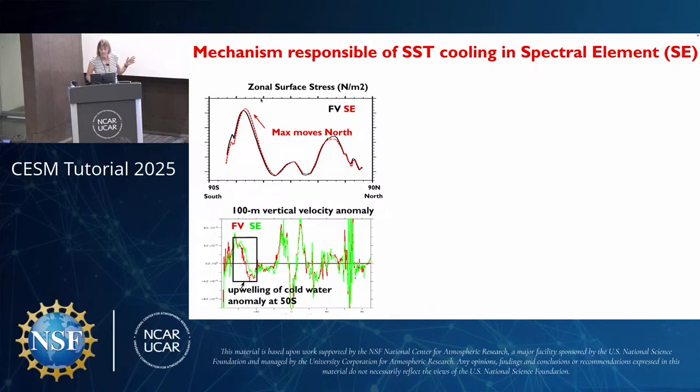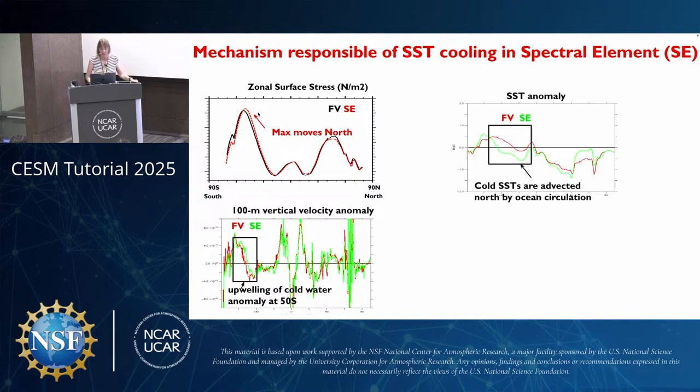But basically it's important, even this small difference, because we are in a region where you have upwelling of cold water, and it really matters where the maximum is. What was happening then is this error was advected by the ocean circulation, and you had an error that grew really quickly, like in the plot that I was showing before.